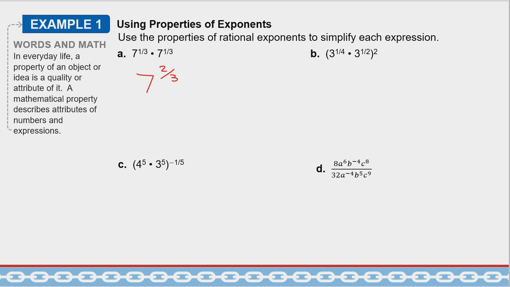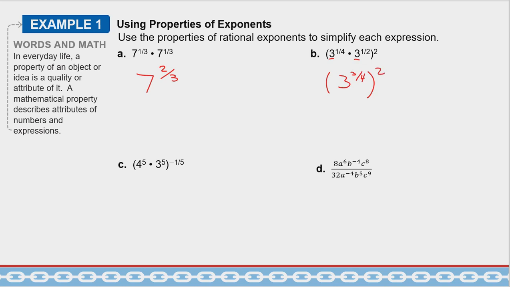For example, B, 3 to the 1/4 times 3 to the 1/2, then all squared. Well, I'm going to use the product of powers on this part inside, because I have this base of 3 for both, so I'm going to add those exponents. So 1/4 plus 1/2, that's 3 to the 3/4 then, and then squared.